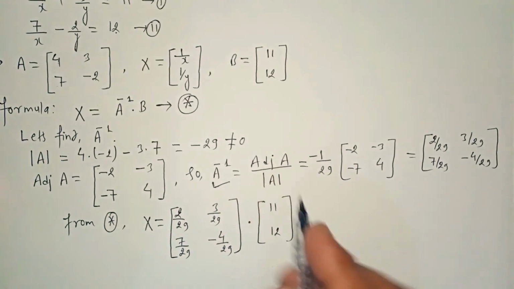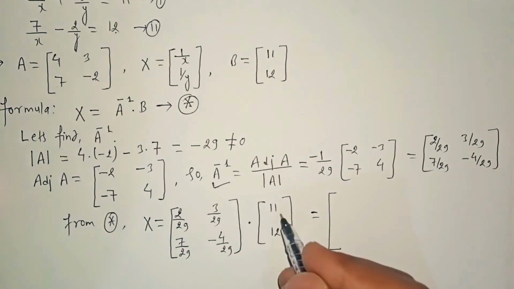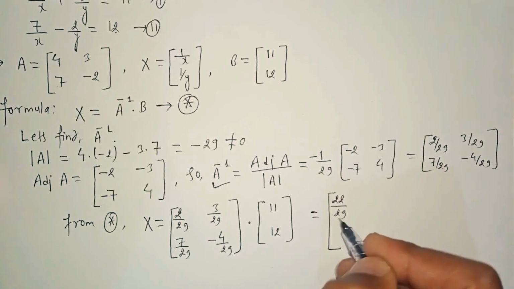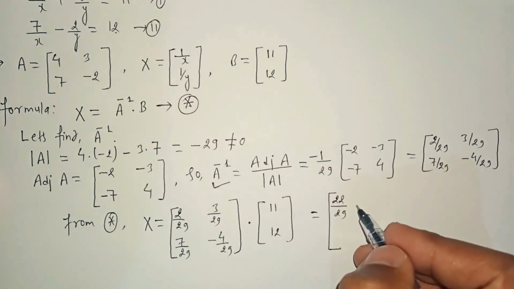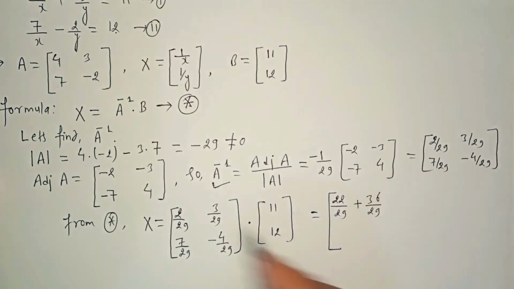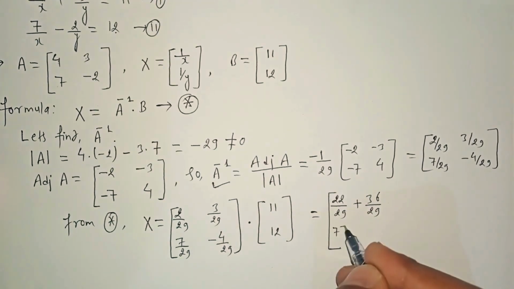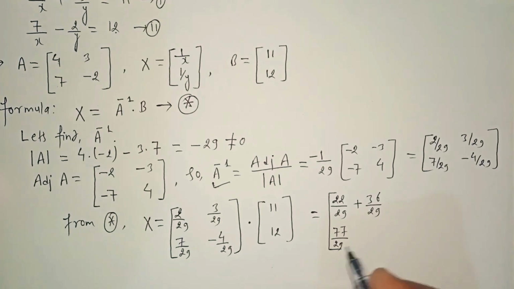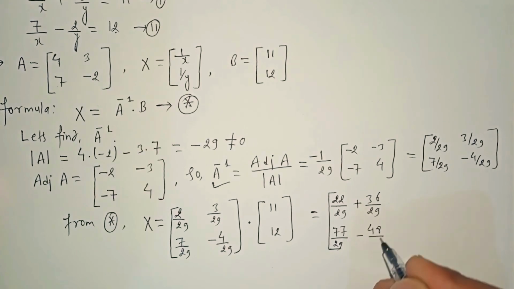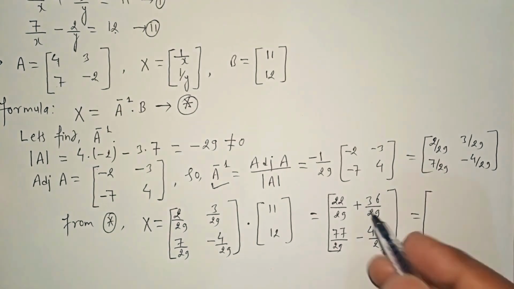Let's multiply these two matrices, row and column. This is 22 over 29 plus 36 over 29, and 77 over 29 minus 48 over 29.